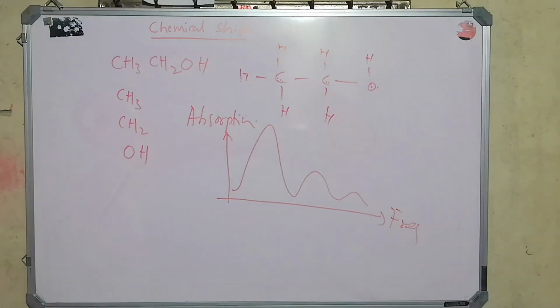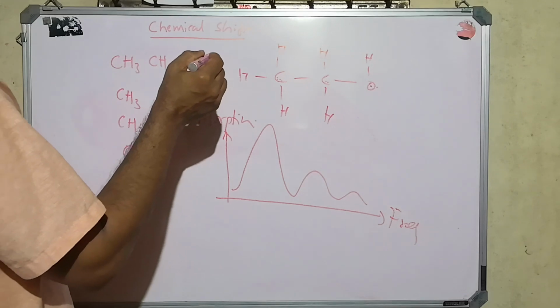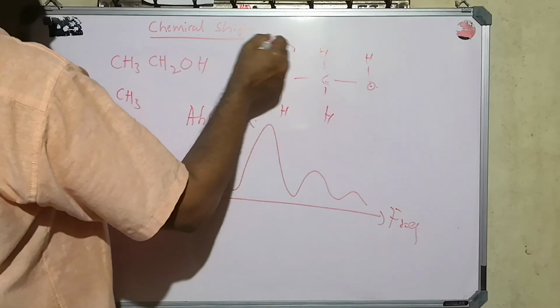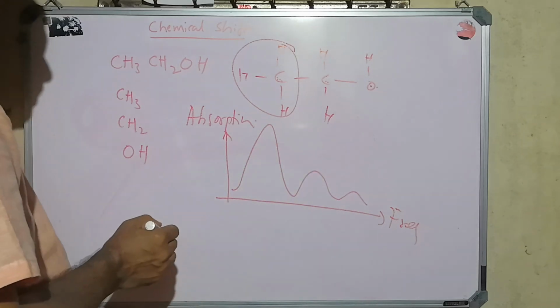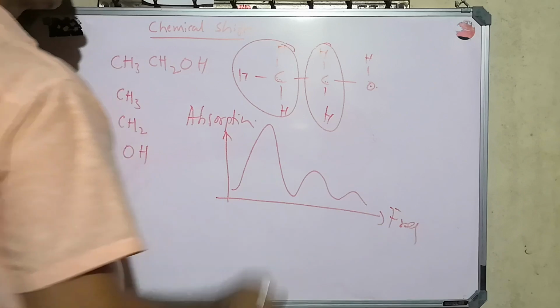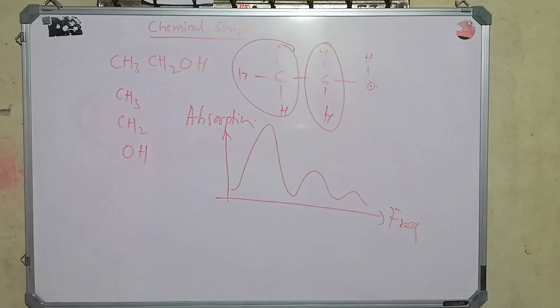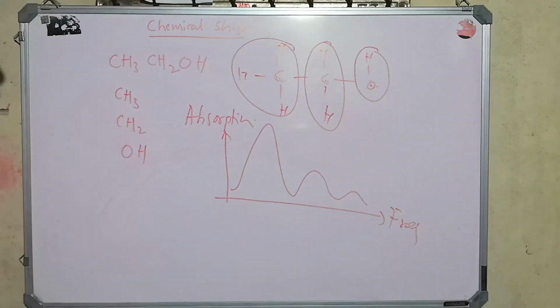One peak corresponds to the protons present in CH3, the second peak to the protons in CH2, and the third to the protons in the OH group.